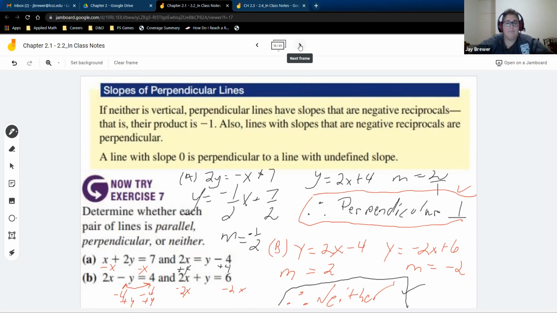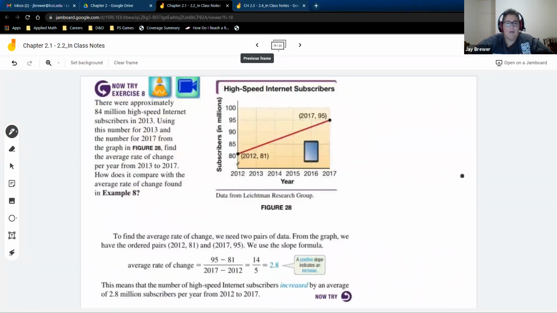Okay. All right. So all this one is doing is it's showing you how to use slope in an application sense. So it's just the rate of change. So you're going to use 84 and 2013, and then we're going to use this from the example in the book. So you would have change in y over change in x.